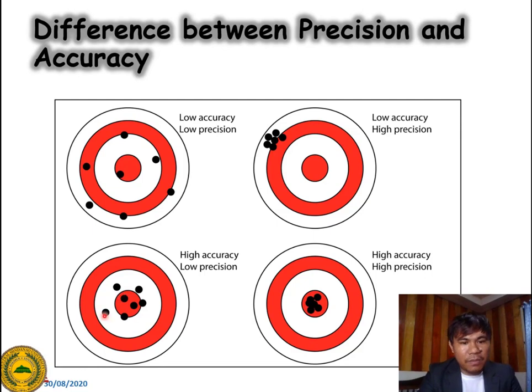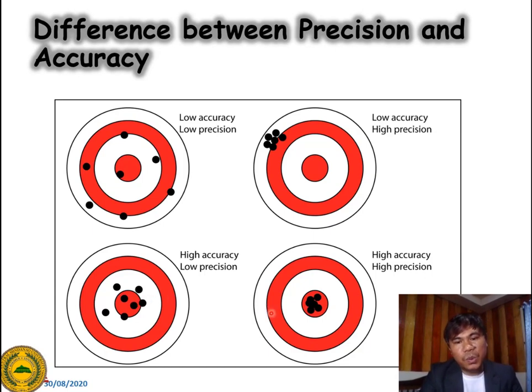On the bottom left, we have good accuracy. You see that the black dots are close to the center, or to the standard, but the precision is not that good because they are relatively far from each other. So we say that this is a high accuracy and low precision measurement.